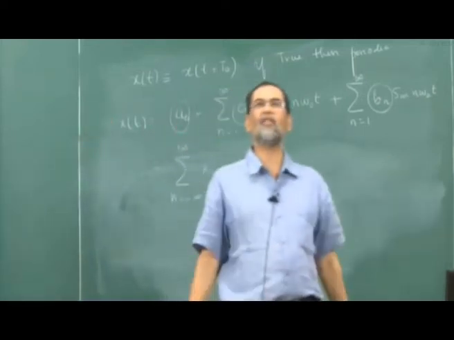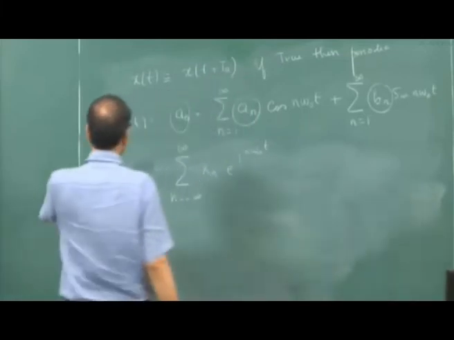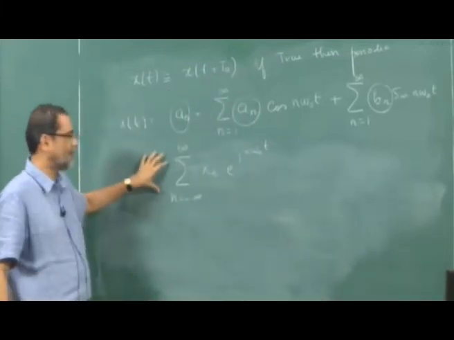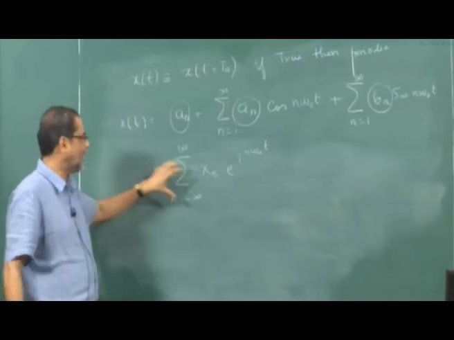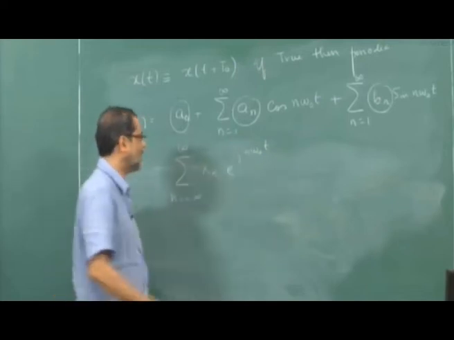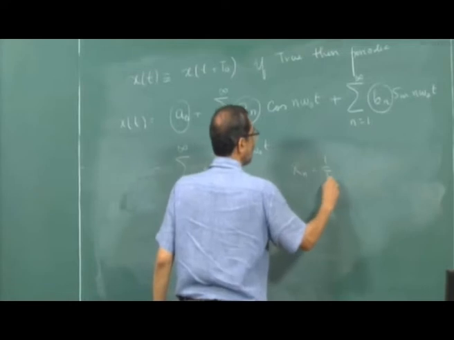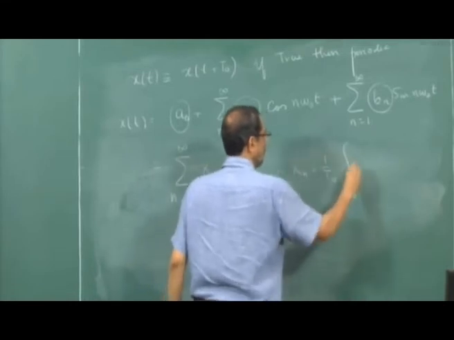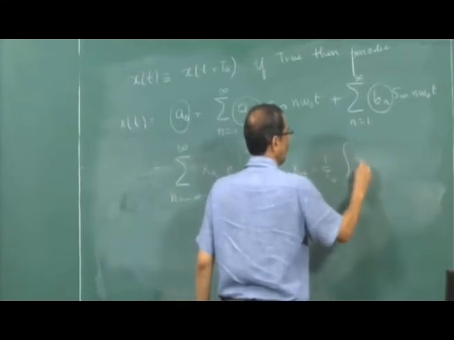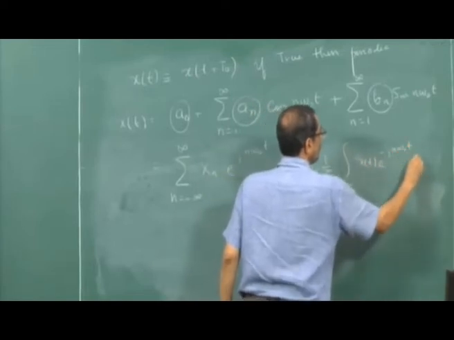A different way of writing the same Fourier series. So the basic form is this, but I can write it in this form, and by using the orthogonal properties of this, the nice thing is here xn is 1 by t naught integral of x of t e raised to minus j n omega naught t dt.